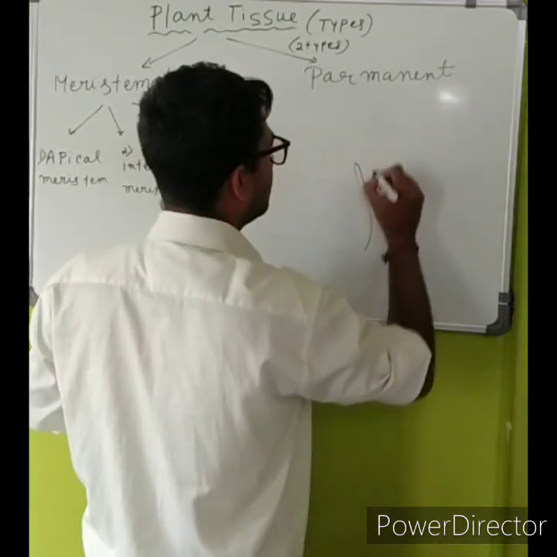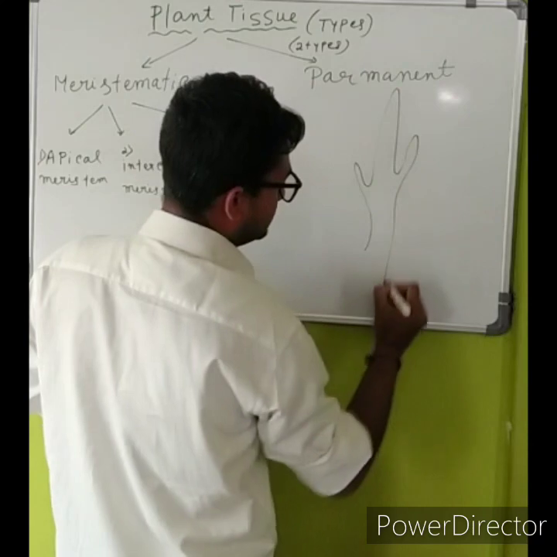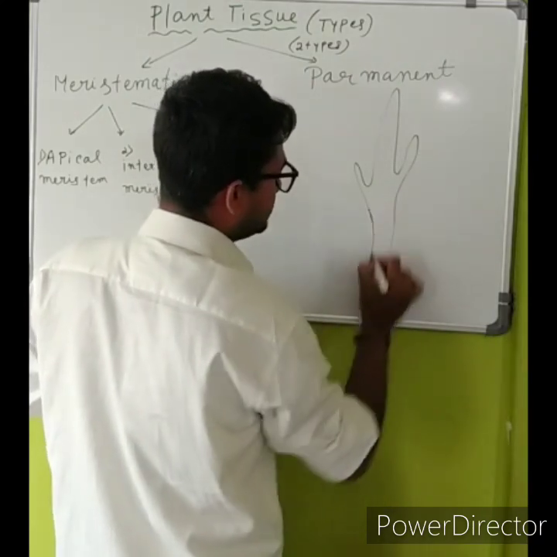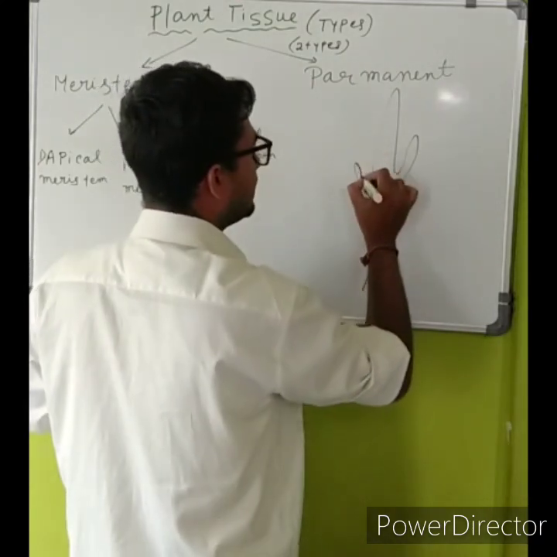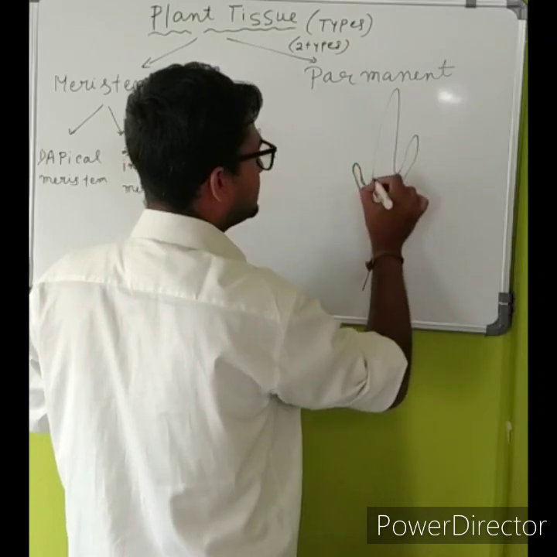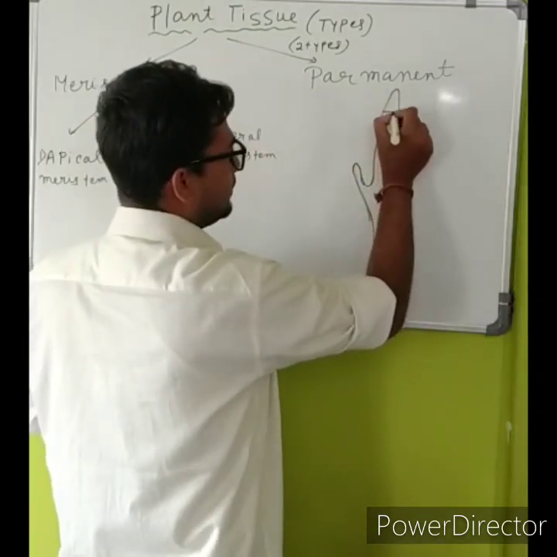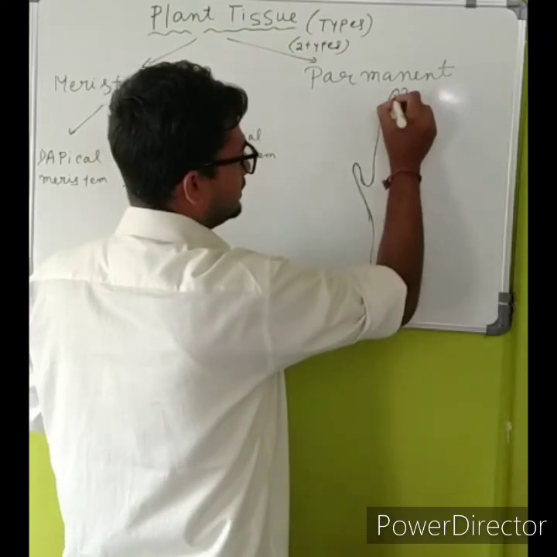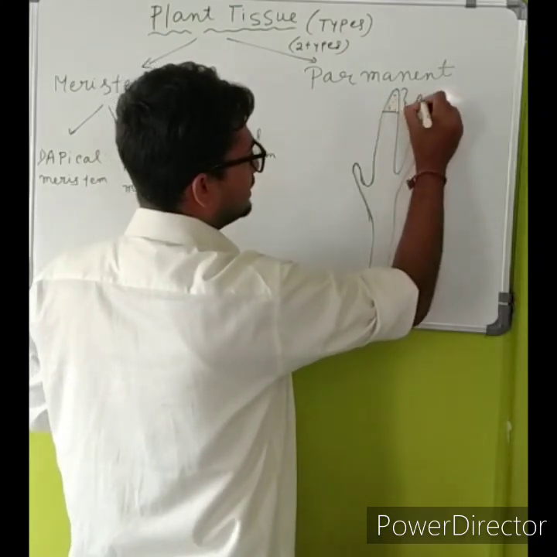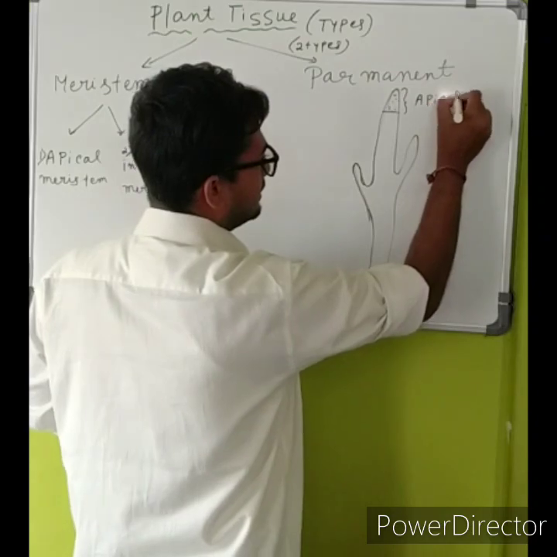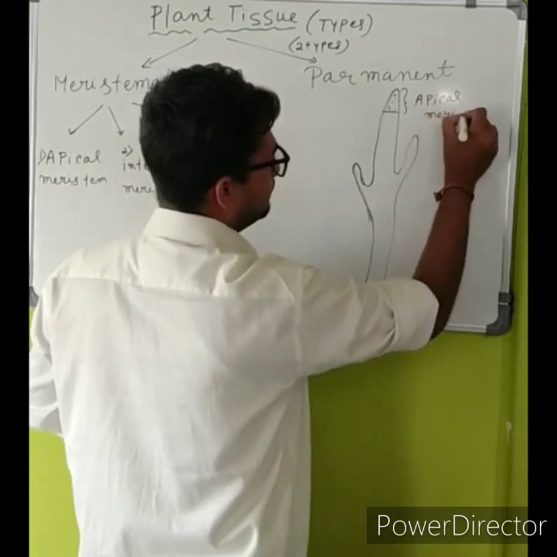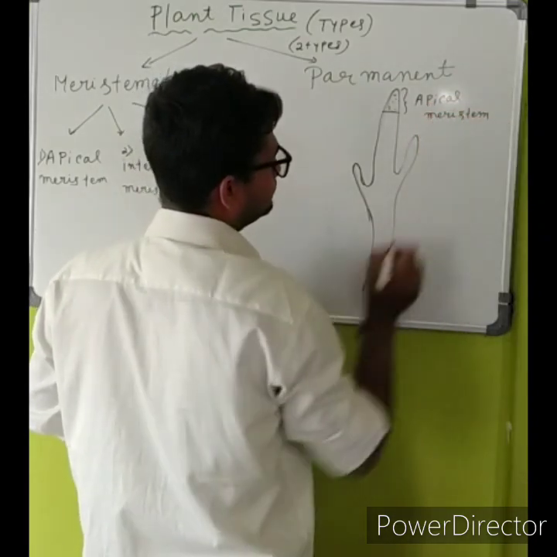So, when you imagine a plant body, the growing tip of the plant body is the part having the apical meristem.